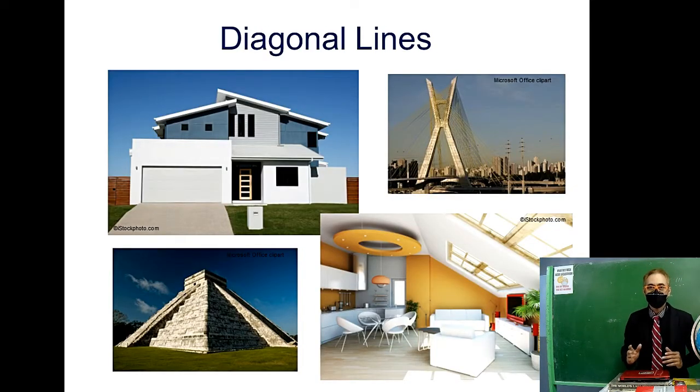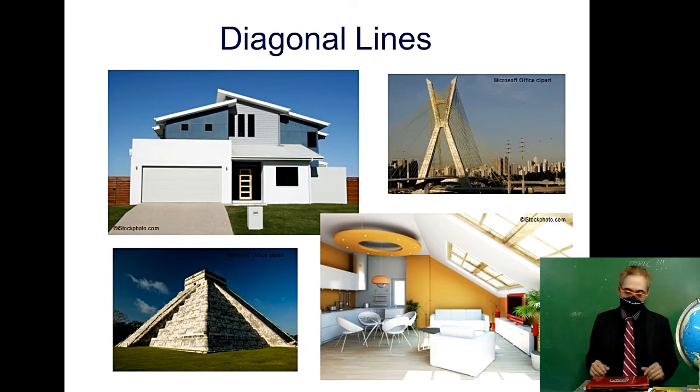Diagonal lines: these are buildings almost rendered asymmetrically, but there are also formal buildings rendered in diagonal lines. Okay, so these are the examples.